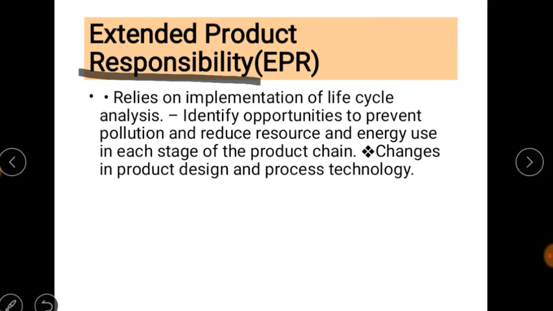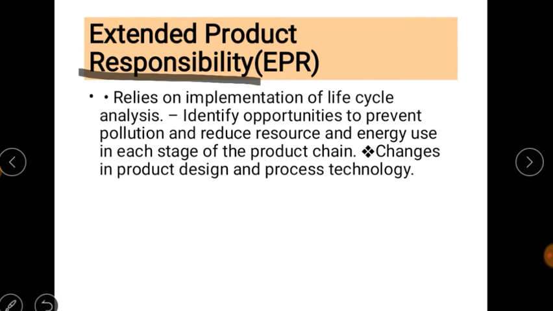These responsibilities will be taken by the industries, because they are producing that product, they have to give more warranty, so that the product will not be produced repeatedly.